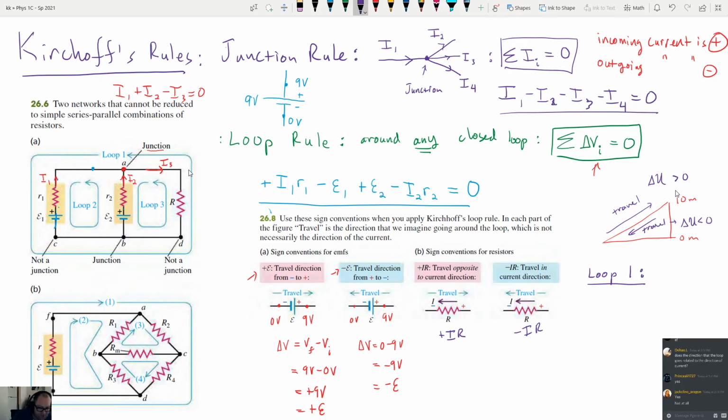I basically want you all to try to do both of them before we go on break. I'll give you a minute or two. Don't worry about getting it wrong. Just try to do it. Really what I want you to do is just to try to understand these sign conventions. Let's see. So this was loop 2 that we did, right?